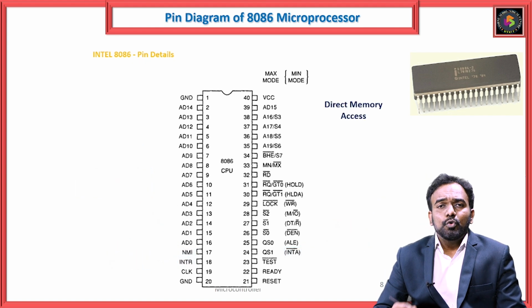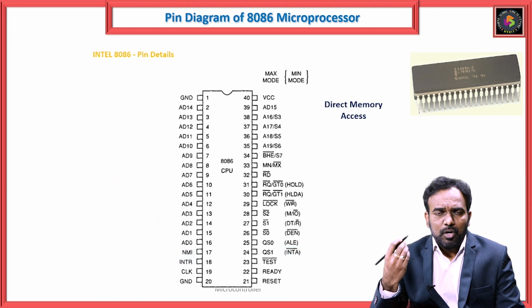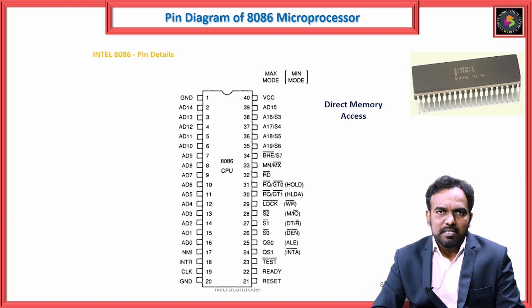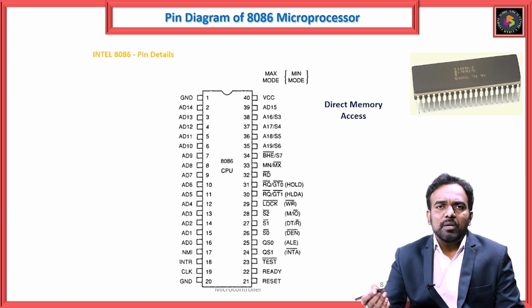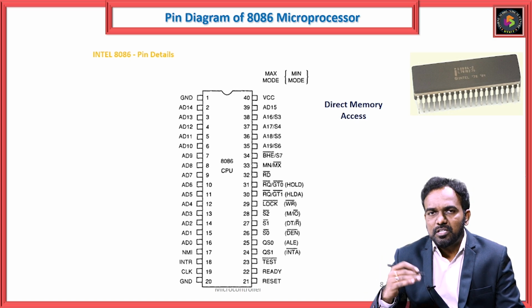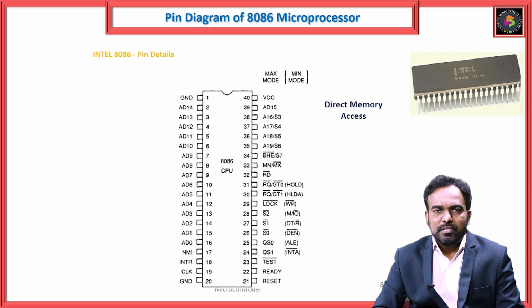At the same time, to speed up the data transfer operation in the 8086 microprocessor, there is an operation called direct memory access. By using this direct memory access operation, without intervention of the microprocessor, you can transfer the data between the peripherals.